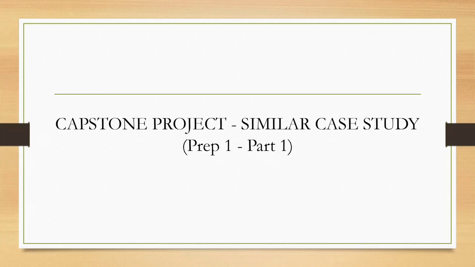You will not be writing that many questions all at one time, so it is divided into parts. Prep 1 will be three parts: prep 1 part 1, prep 1 part 2, and prep 1 part 3. Today I am going to explain prep 1 part 1.